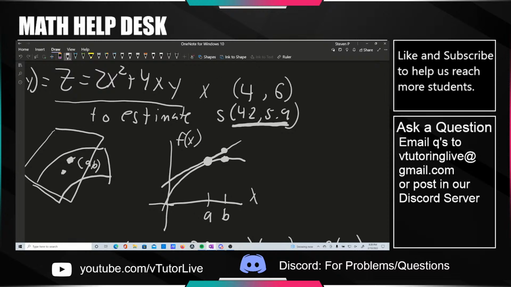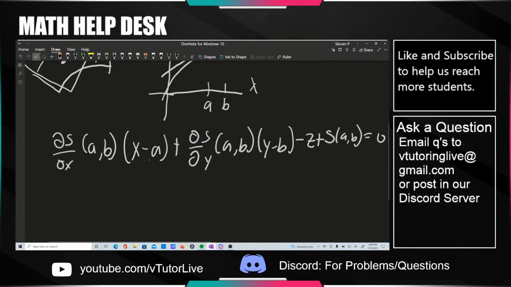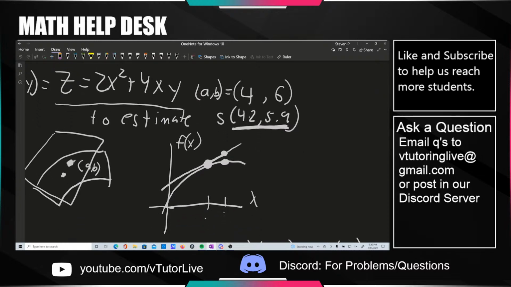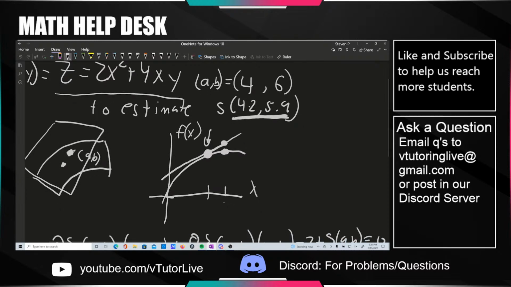So this is sort of your x naught: 4 comma 6 is going to be your a and b in this problem. It's the point of approximation. So in the one-dimensional analog, that would be this point right here. This is the point where you're taking the tangent line. Does that make sense?